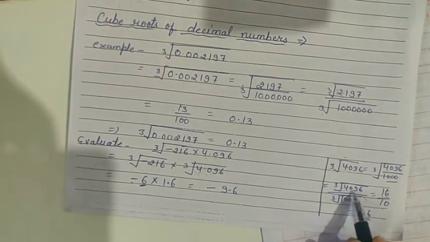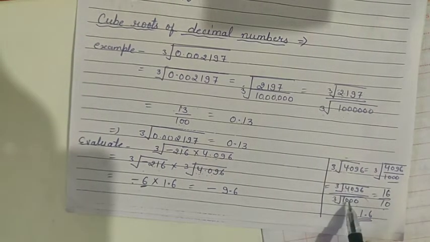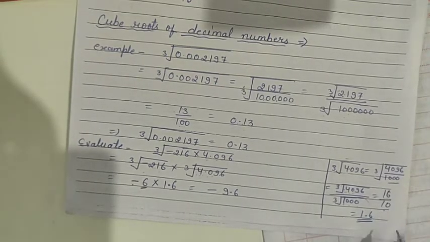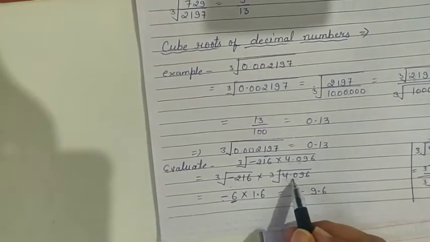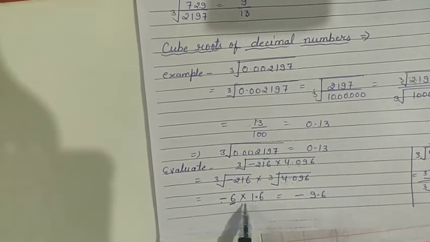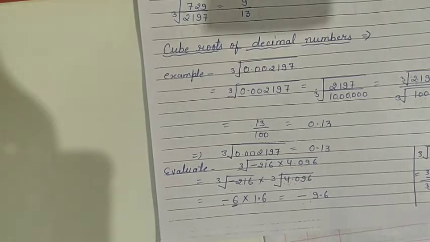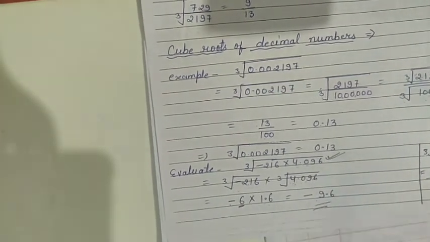Cube root of 4096 is 16 by prime factorization method, and cube root of 1000 is 10. So we get 16 upon 10, and that is 1.6. So cube root of 4.096 is 1.6. So minus 6 into 1.6 equals minus 9.6. So cube root of this number is minus 9.6.